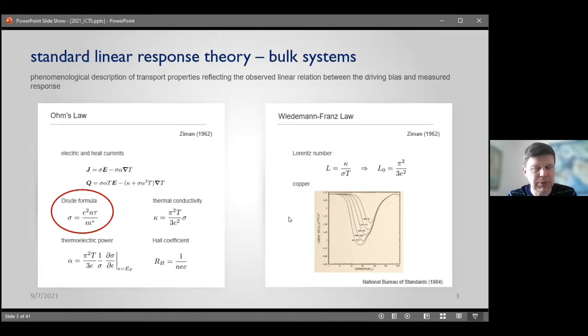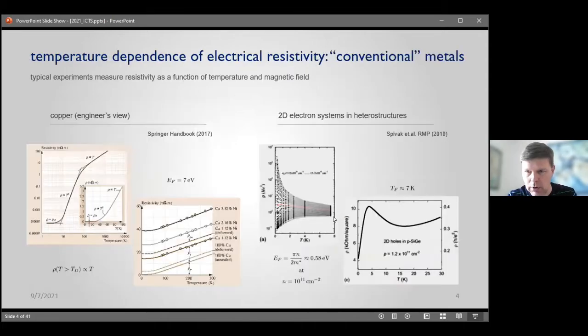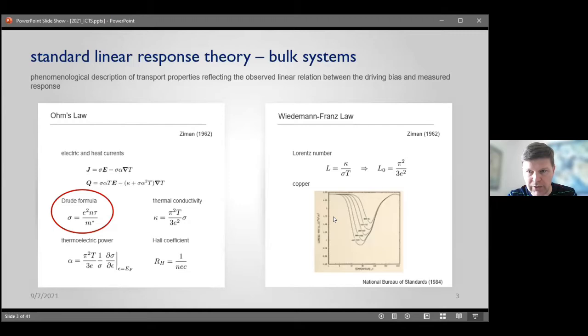Now, in traditional materials, for example, in copper, these predictions work reasonably well, even if not exactly perfectly. Here, for example, I have a standard plot from an engineering textbook of the Lorenz number in copper.